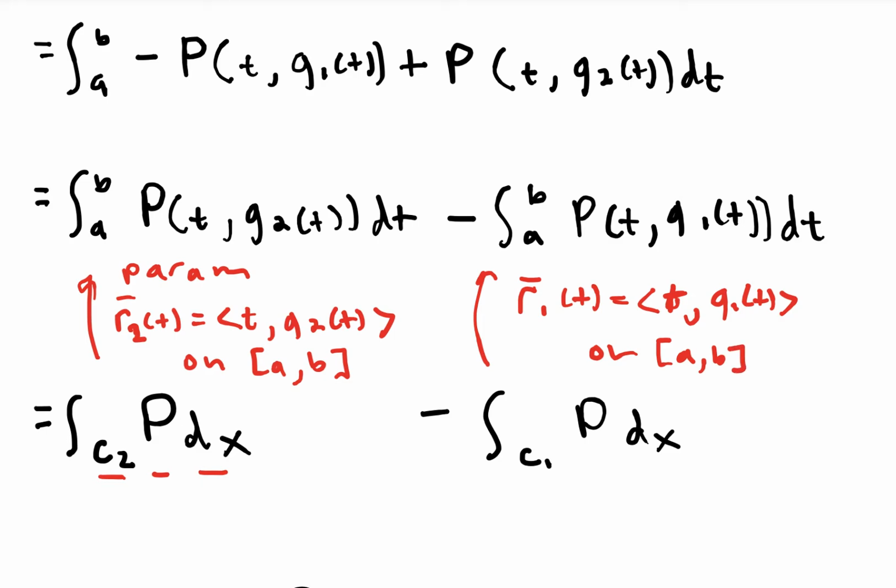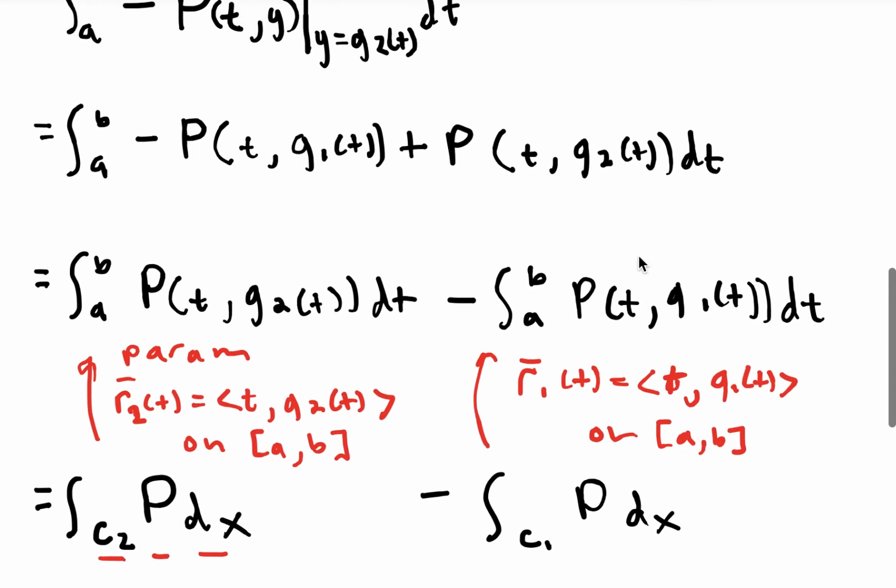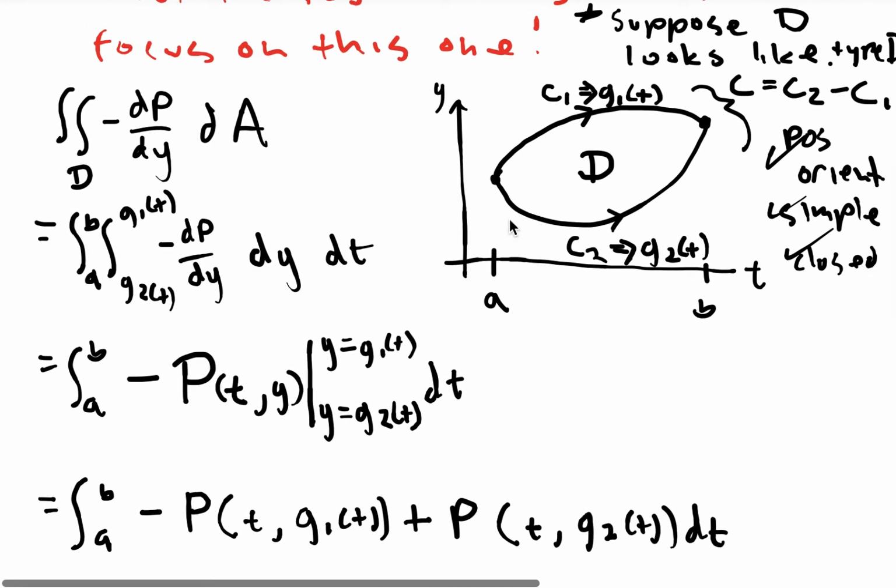And again, just to reiterate, where are these coming from? Well, if I was dealing with the G2 curve over here, and I scroll back up and look at my picture, my G2 curve is this thing that's on the bottom.